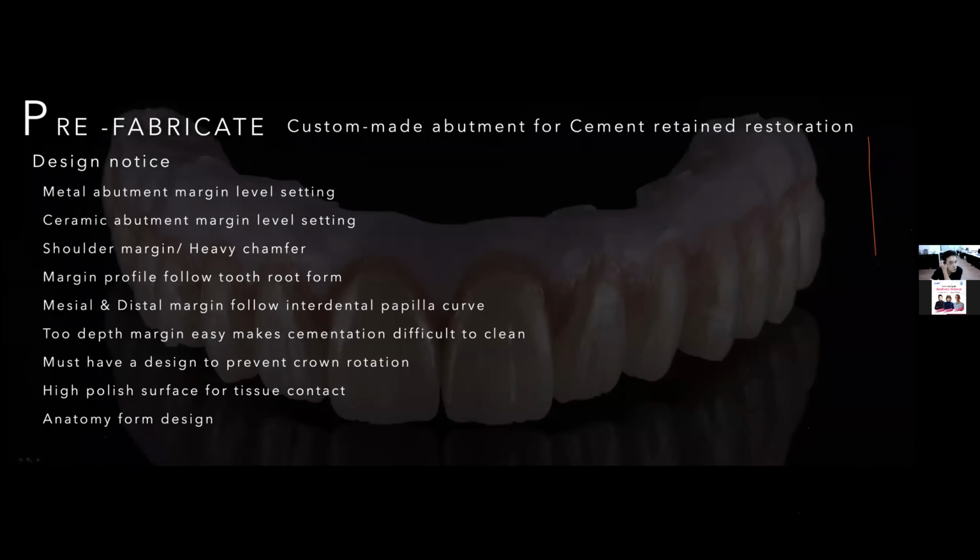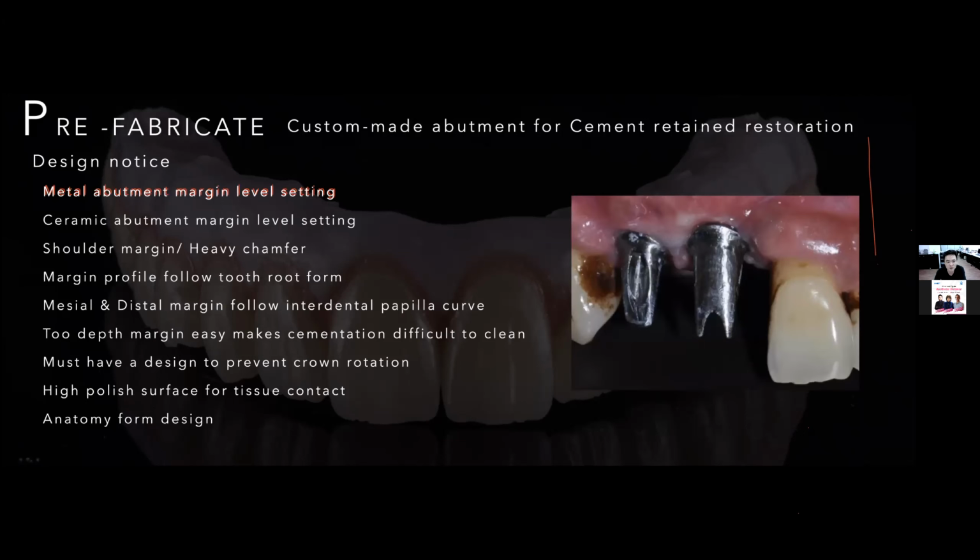And when we want to design the cosmetic abutment for a cement-retained restoration, this is my design notice, and you can also think about what is different in your work now.